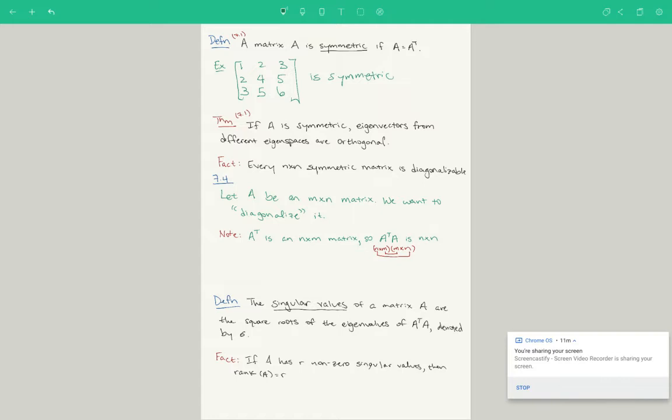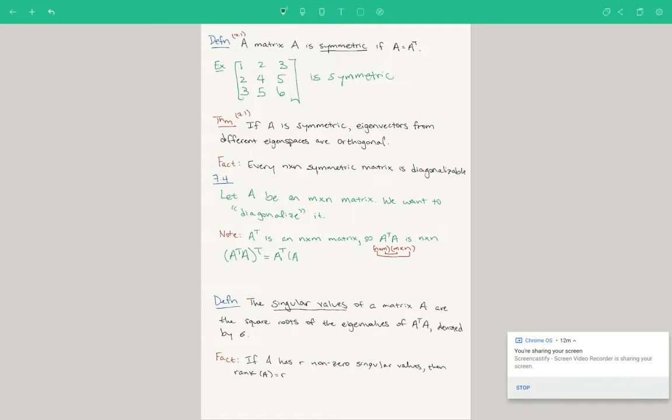So something to note is that A transpose, since A was an m by n, should be an n by m. And if we multiply A transpose times A, then we should get a square n by n matrix. And in fact, if we take a look at the transpose of that product, A transpose A transpose, then we can recall from our properties of transposes that when you take the transpose of a product, you apply the transpose backwards, in a sense.